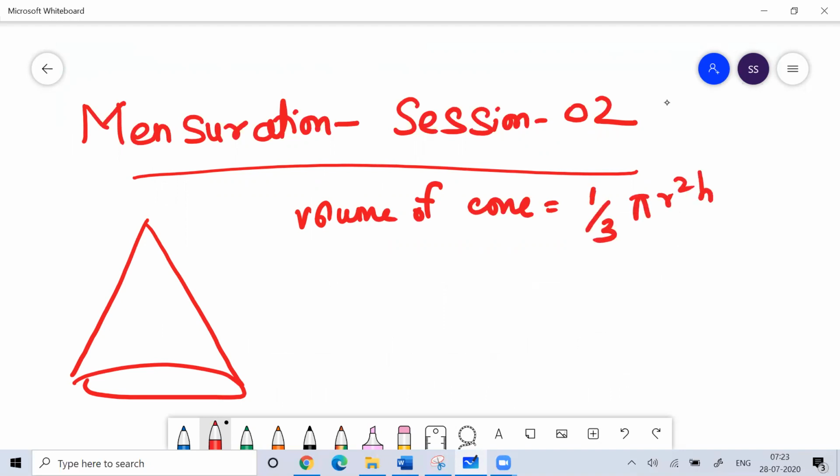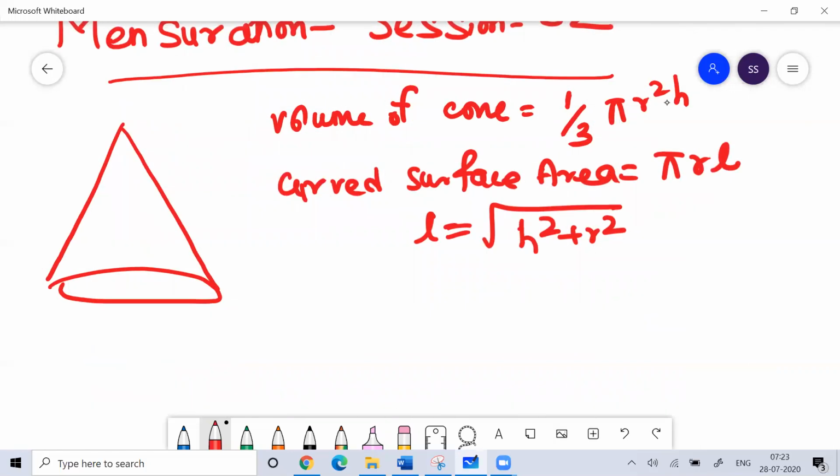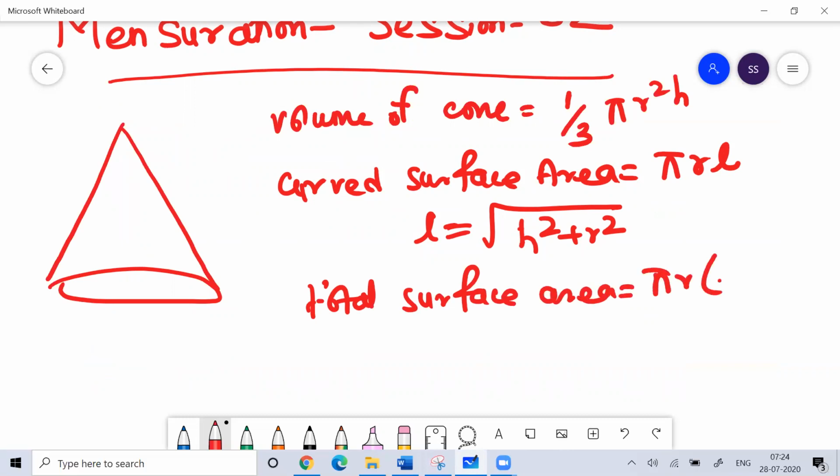The curved surface area of a cone is pi r L, where L is equal to root of h square plus r square, that is your L value, while the total surface area of the cone is pi r into L plus r.